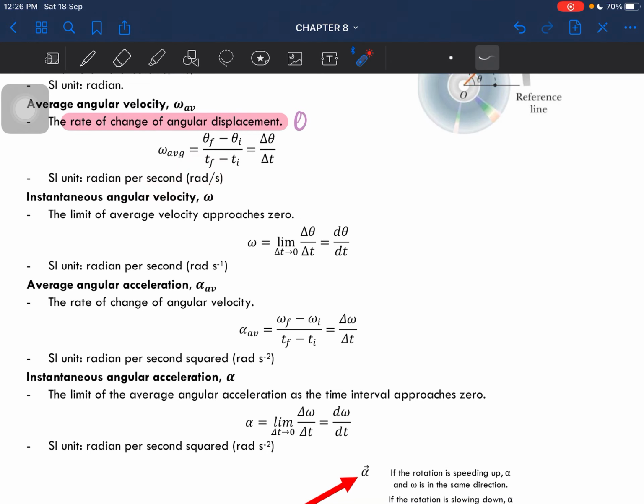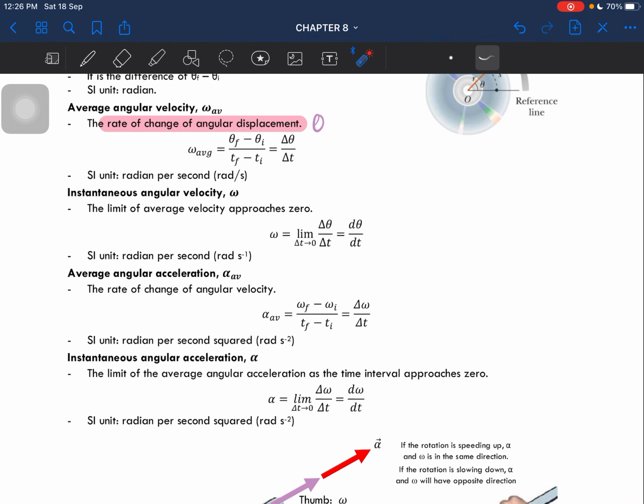Then we have instantaneous angular velocity, which is just omega. It is the limit of average angular velocity as the time interval approaches zero. That is the formula here, and it has the SI unit of radian per second.